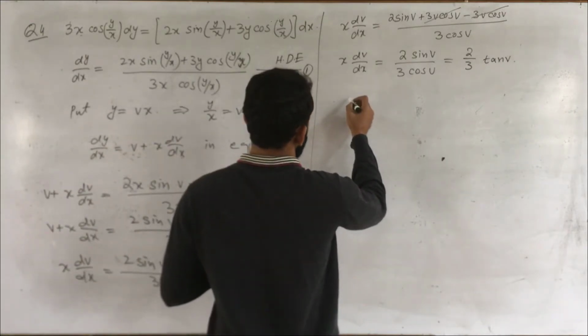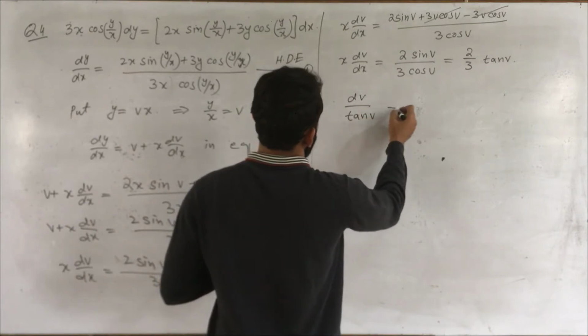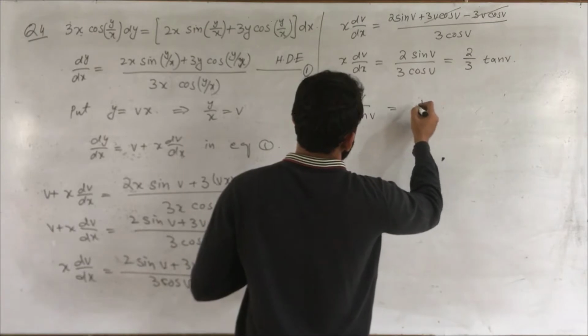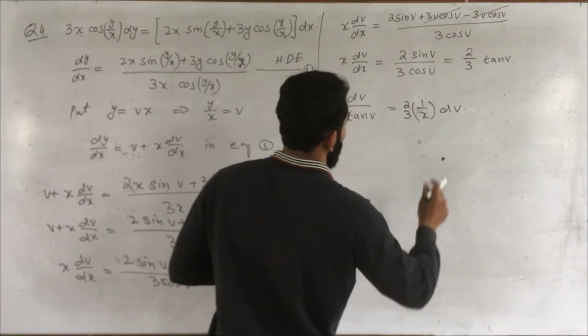Converting to separation of variables, dV divided by tan V is equal to 2 over 3 into 1 over x dx.